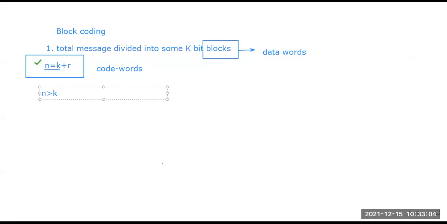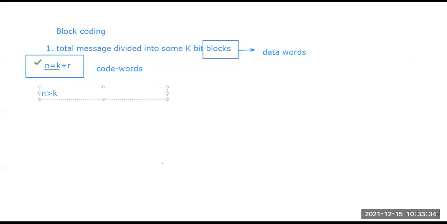Then the block coding process happens. First, blocks are created and then the redundancy bits are added. The data words are encoded into code words, because the data word is changed into a code word after adding some redundancy bits.